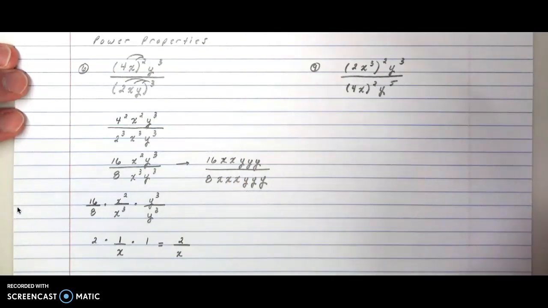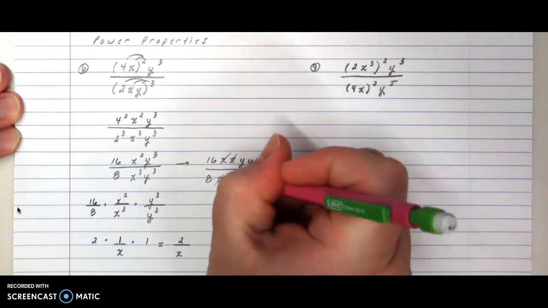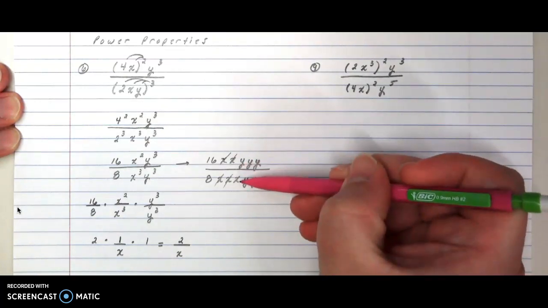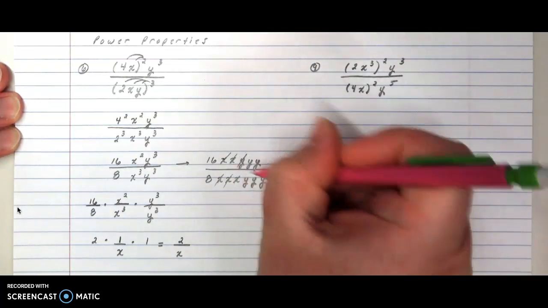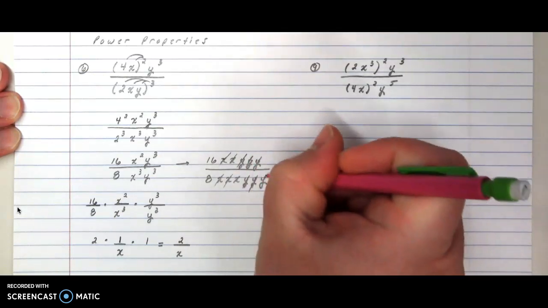And then with that, you just cross out anything that matches up. In this case, we have an x on the top, an x on the bottom. X on the top, x on the bottom. We don't have another x up here, so we can't cross this x out. But we can do the y here, the y here, here and here, here and here.